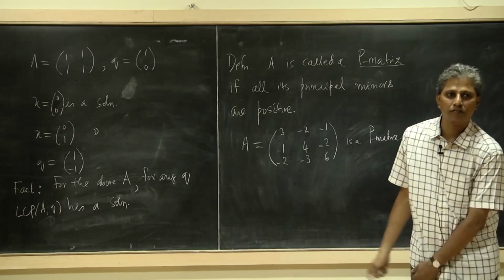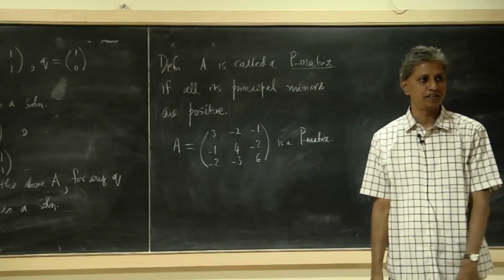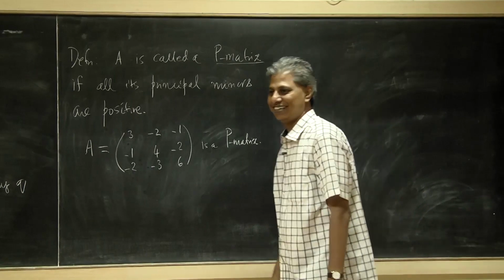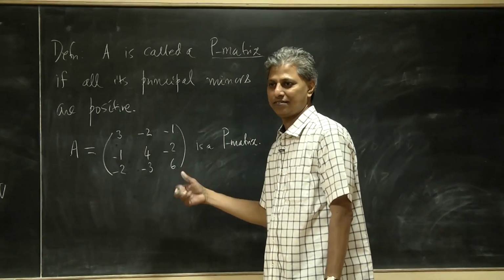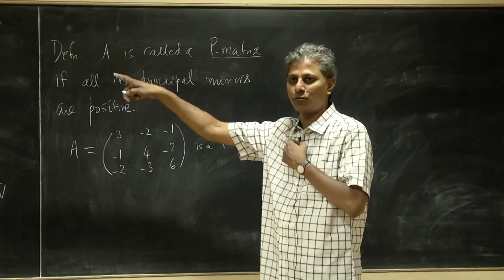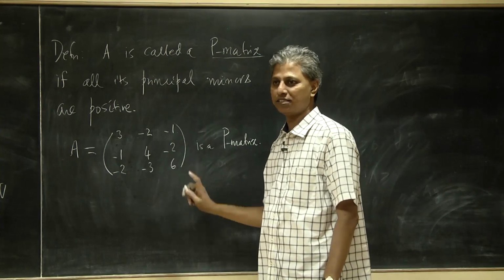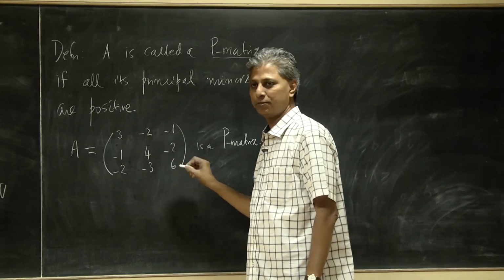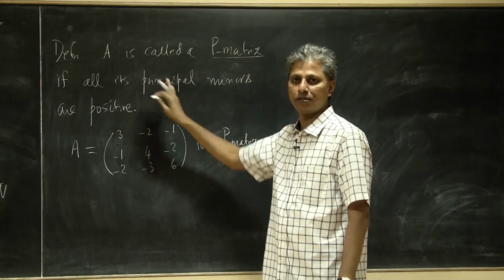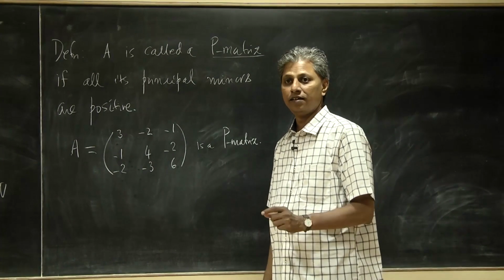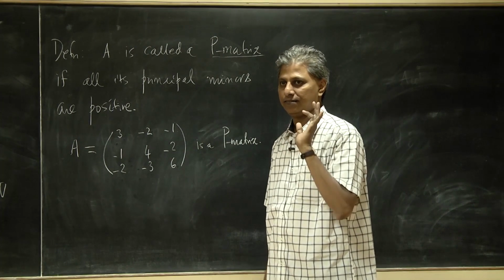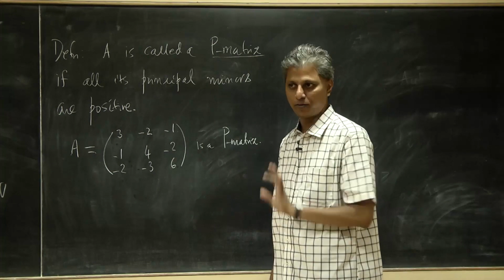But when I wrote this down, I had something in the back of my mind. Yeah, it's an invertible M matrix. So I used one of the characterizations. I wrote down a Z matrix carelessly, and of course the diagonal entries must be positive because the principal minors must be positive. But I wrote this down with only one care, which is that the row sums are positive.